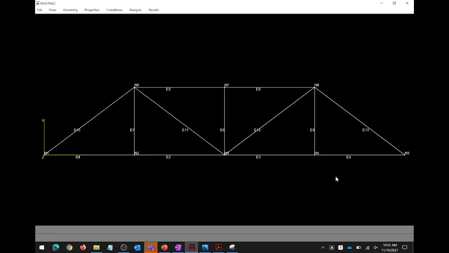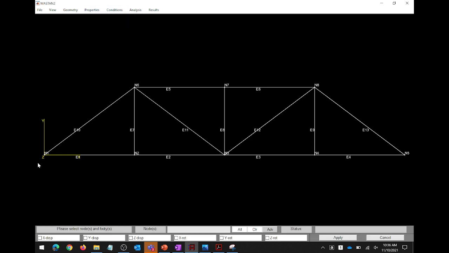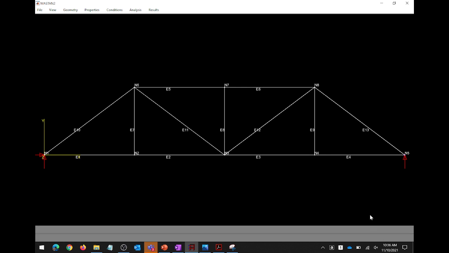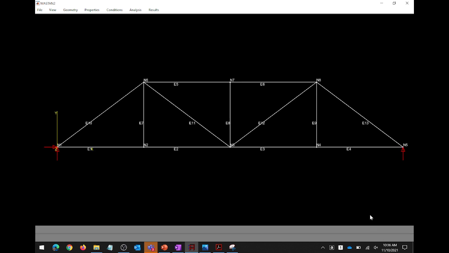We've got our section properties and our materials attached. Now fixities. Node 1 is a pin support. Node 2 is a roller support. Okay, so here's our model.